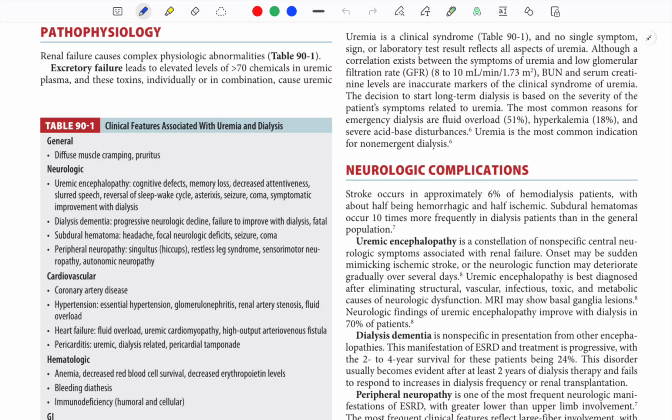Dialysis related pericarditis is due to buildup of middle molecules and hyperparathyroidism. Uremia also causes coagulopathy, anemia, and immune dysfunction.